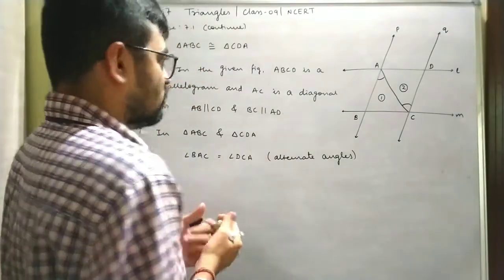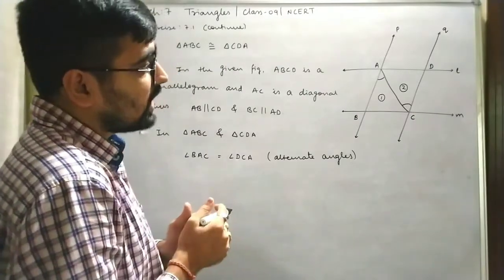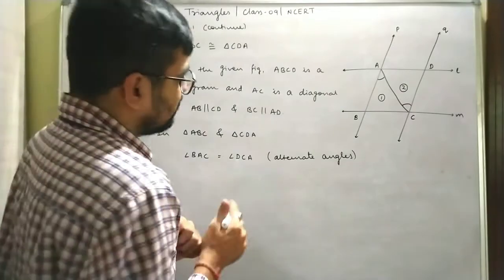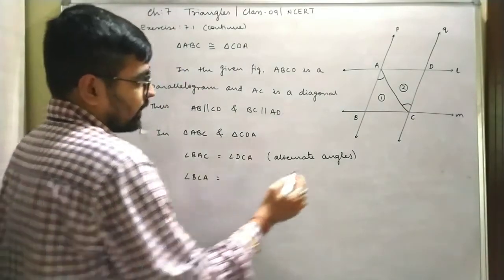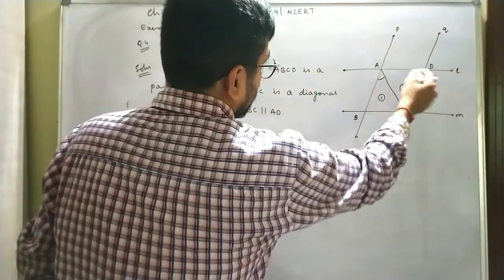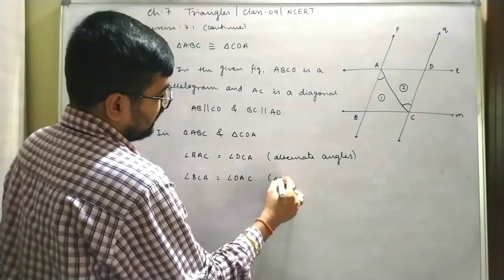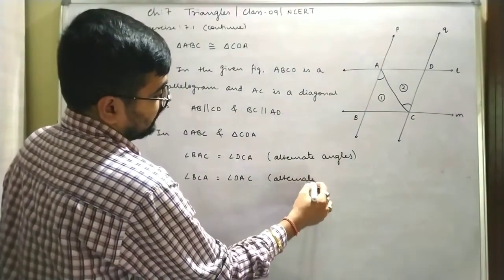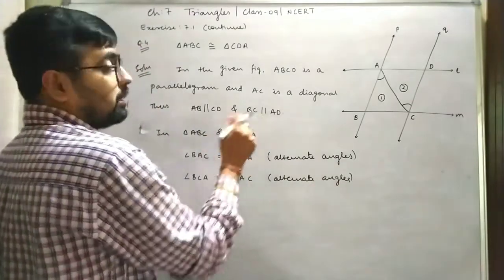Okay, one thing we have got. What can we do second so that we can say yes, this can also be true? So can I say that angle BCA is equal to angle DAC? Again alternate angles. Why can we apply these alternate angles? Because we already know these are parallel.